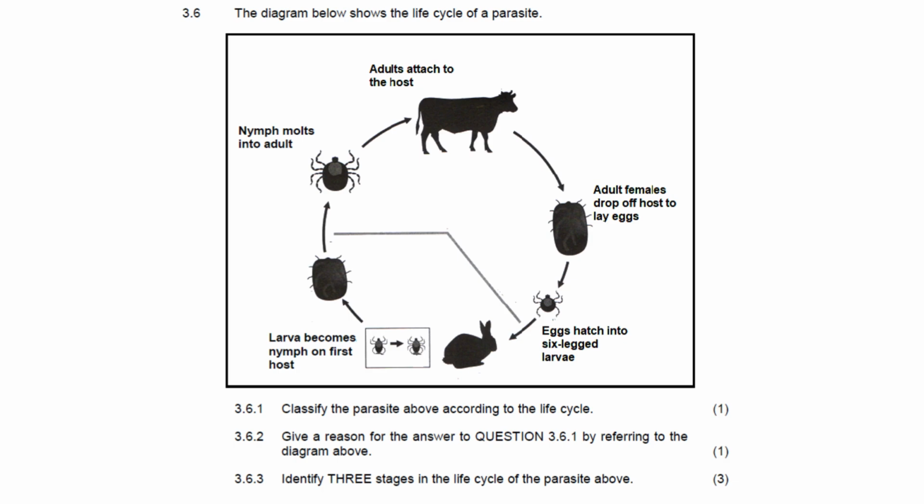Now, classify the parasite above according to the life cycle. I hope you can actually see what is happening there. So we've got the host there, an adult attached to the host. We don't have one host.